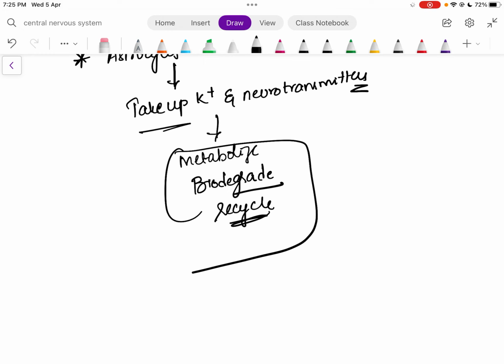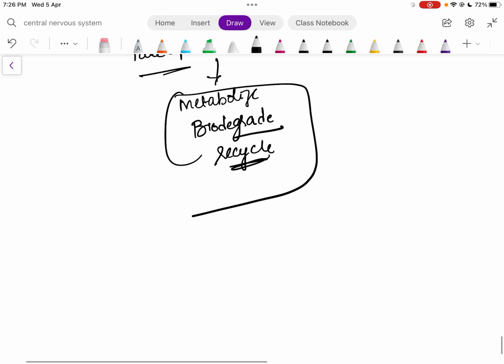So this is the function of astrocytes, and they will help in maintenance of the microenvironment.